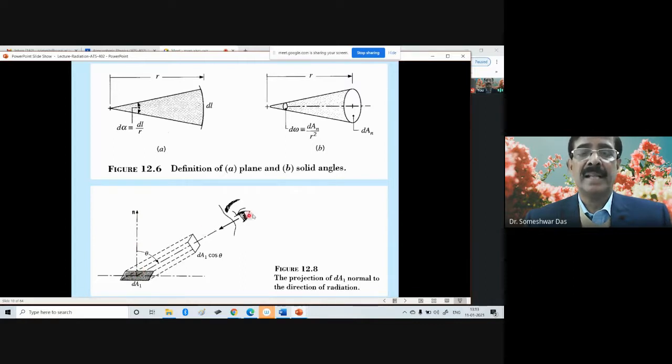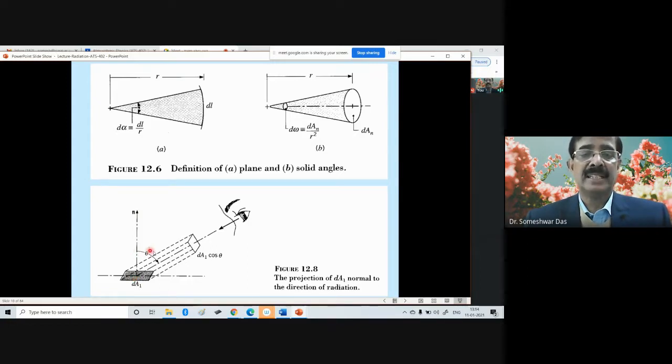Then if a person is looking at this radiation, this radiation is anyway emitted in all directions, although it may not be equally emitted. As we saw in one of the previous diagrams, although the source can emit the radiation in all directions, the intensity or the amount of radiation may not be equal in all directions, right?